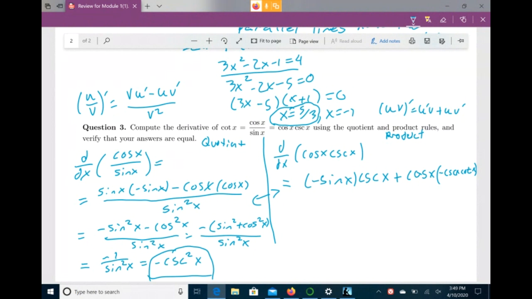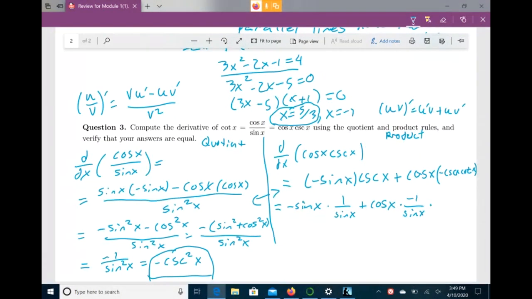Okay, so let's see if I can recover the same thing from the right-hand side. So I'm going to write everything basically in terms of sine and cosine. All right, so I have negative sine. Cosecant is 1 over sine. Then the right term is cosine, negative cosecant, so negative 1 over sine.